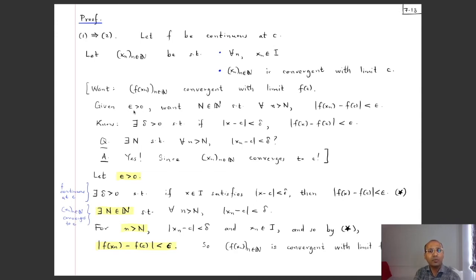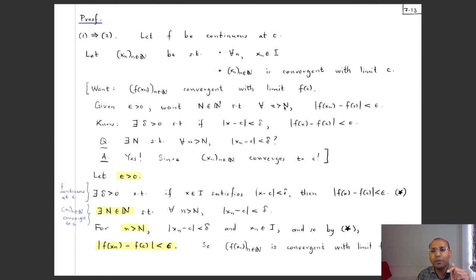So for this positive epsilon, I know that there exists a corresponding delta such that whenever the distance of x to c is less than delta, I am guaranteed that the distance of f of x to f of c is less than epsilon. Okay, and what I want is the distance of f of xn to f of c is less than epsilon for all the indices beyond a certain n.